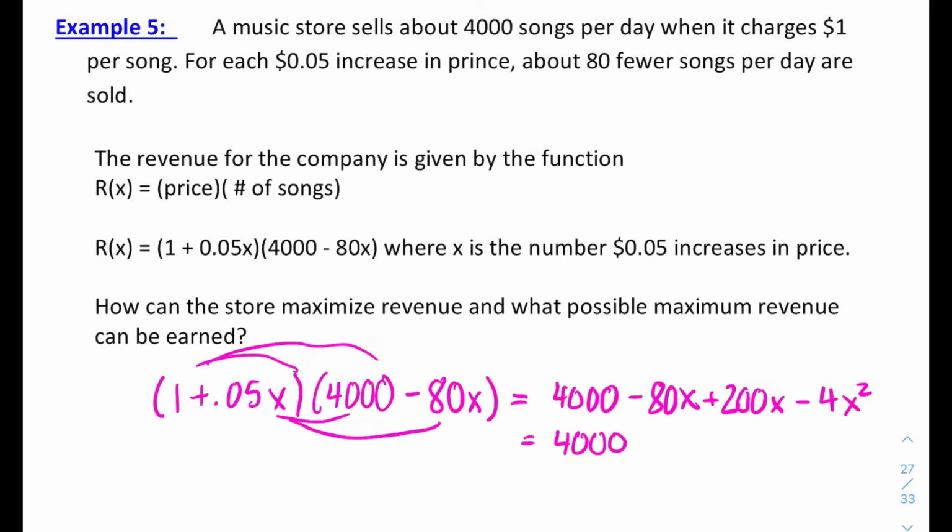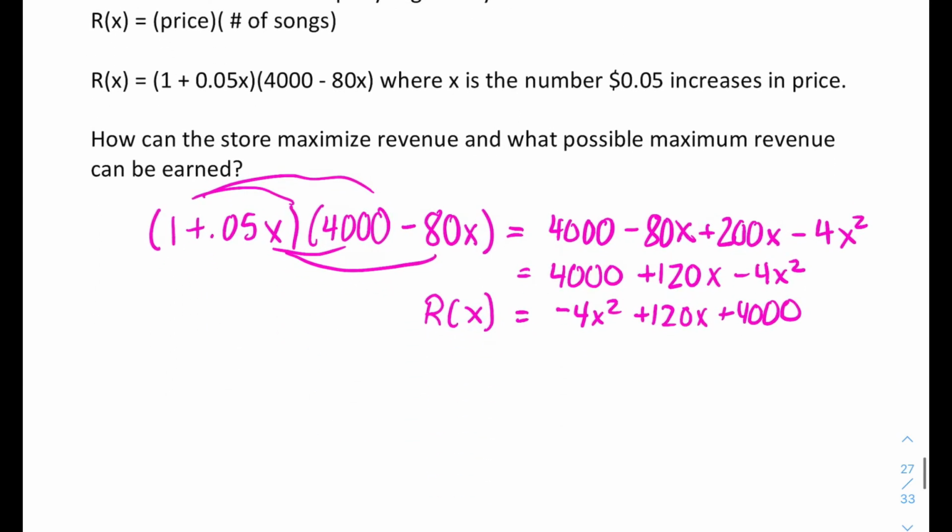Combine my like terms and then maybe reorder it so that it is in the order that you're used to. Then it's set up so I can use x equals -b over 2a to find my vertex. So if I do that, I'll have negative 120 over 2 times negative 4, which is 15.